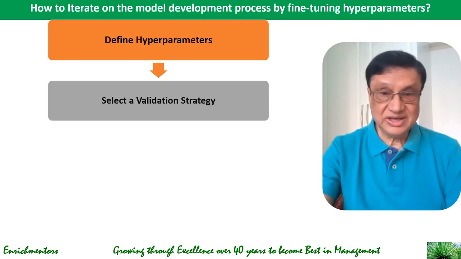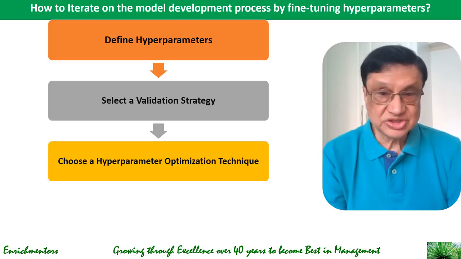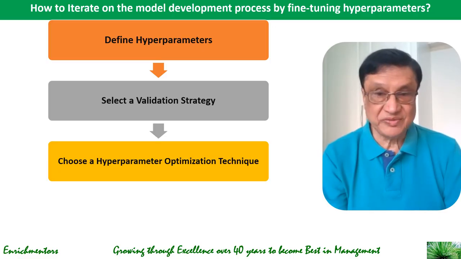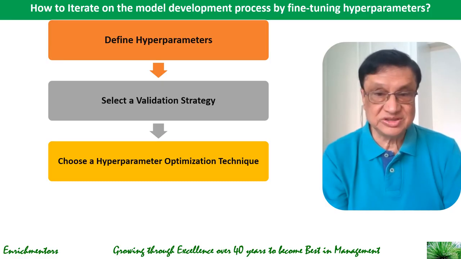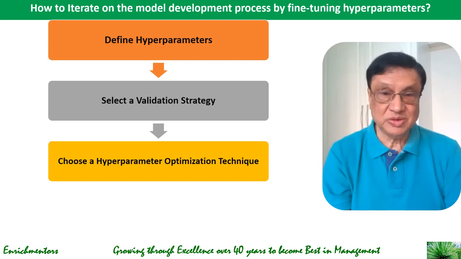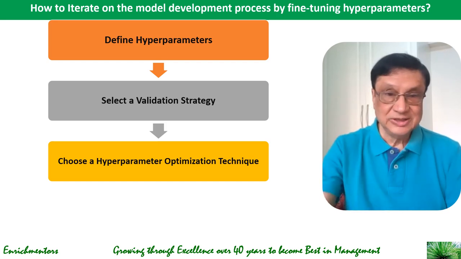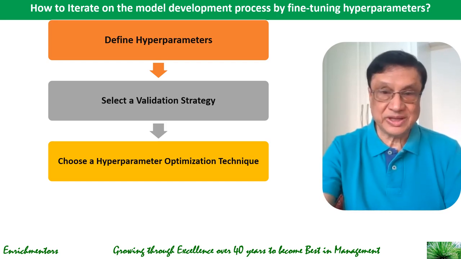Then you select a hyperparameter optimization technique to search the hyperparameter space effectively. There are various options to search: grid search, random search, Bayesian optimization, genetic algorithms, and many more. And the first four we have already talked to you about in the earlier lecture. So that's how you choose a hyperparameter optimization technique.